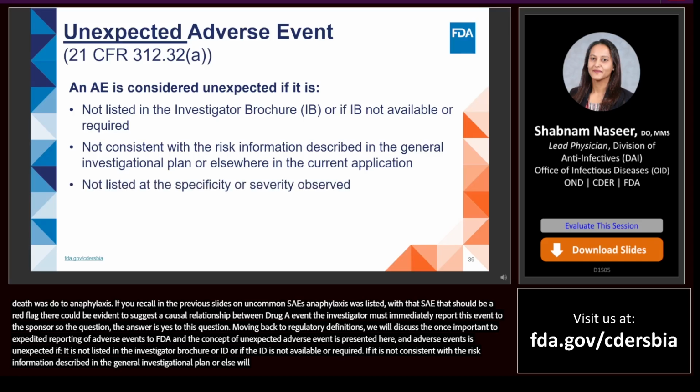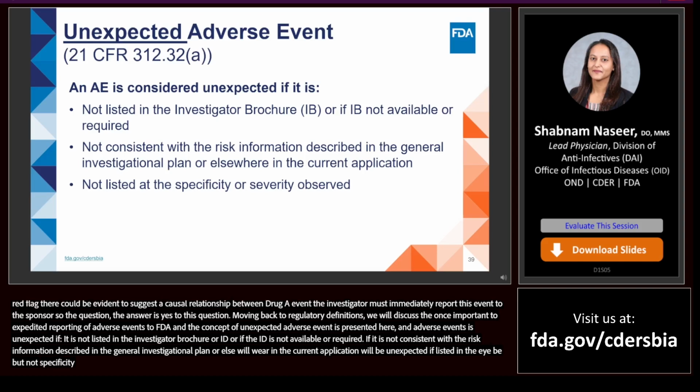It would be unexpected if it's listed in the IB, but not at the specificity or the severity observed. For example, the IB lists increased creatinine, but you have a case of acute renal failure, and that would be considered unexpected by virtue of greater severity.